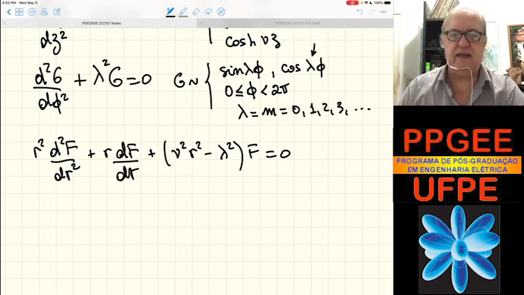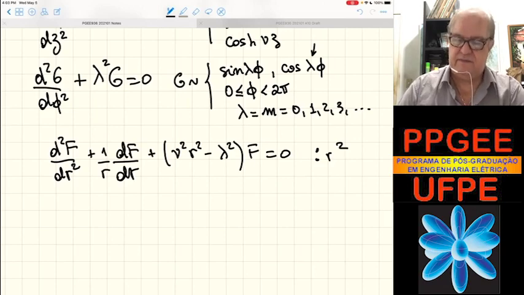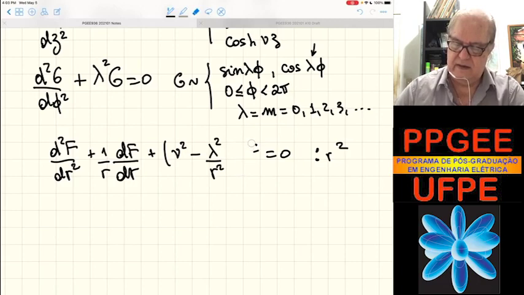Then here we can divide it by r squared. And we're going to end up, just to make some economy here, right? 1 over r. Then I'm going to have also here, this is going to be nu square minus lambda square over r square, okay?